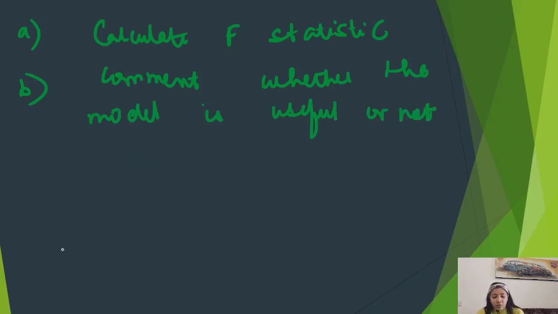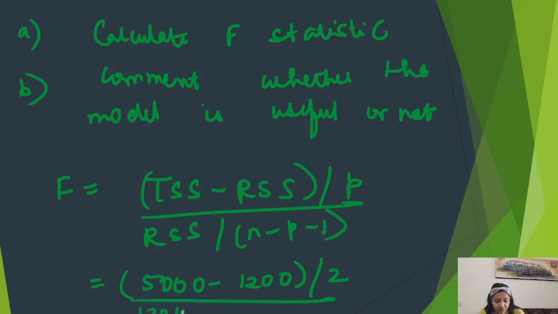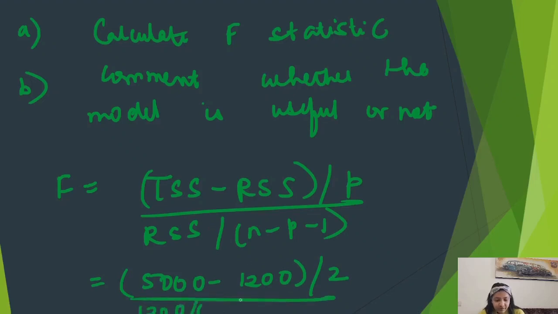We already know how to compute the value of the F statistic. We calculate the F statistic using (TSS minus RSS) divided by P, upon RSS divided by (N minus P minus 1). We have already seen this formula in our last video. So we just substitute these values. TSS is 5000, RSS is 1200, P is 2, and RSS is 1200 divided by 50 minus 2 minus 1.